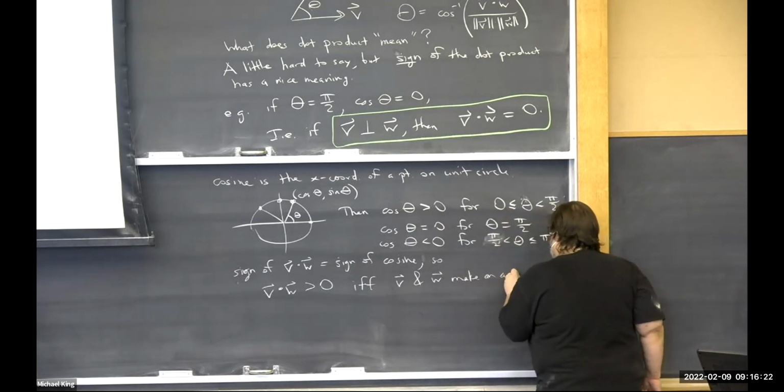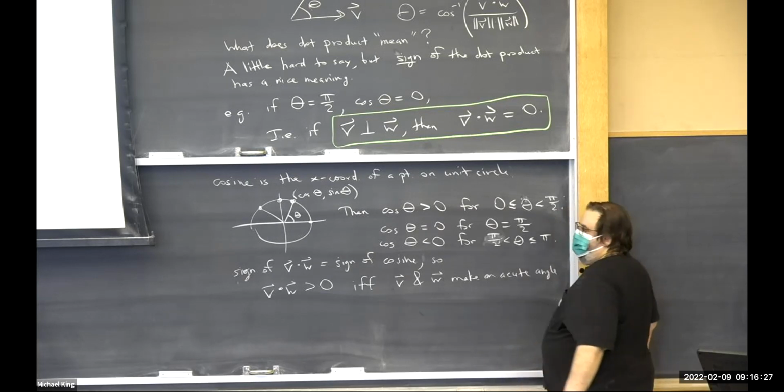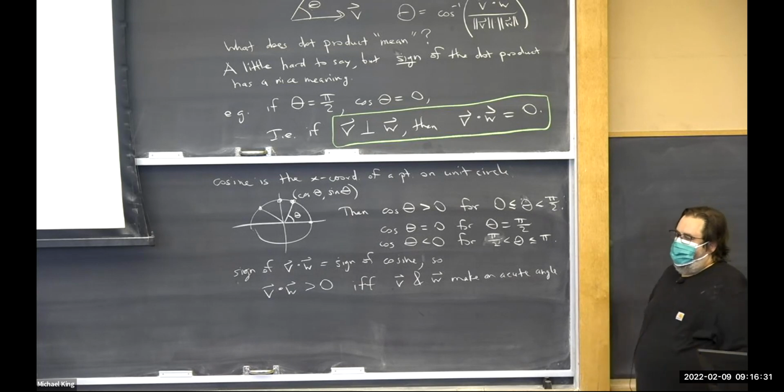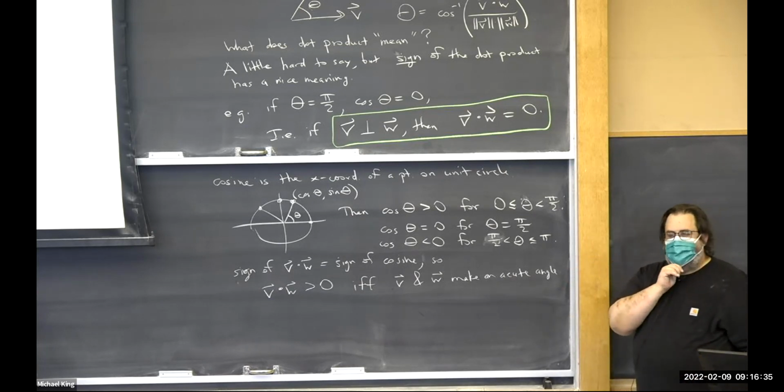So you can say something vague like, if I take the dot product and I get a positive number, that means they vaguely point in the same direction. Not the exact same direction, but at least they're not pointing in opposite directions. You know what I mean?